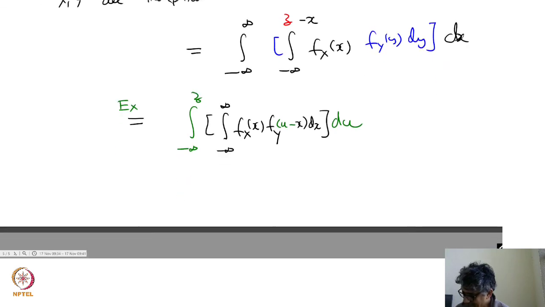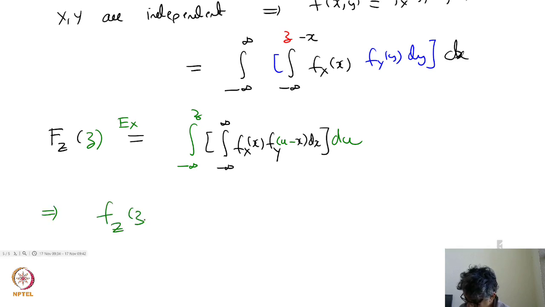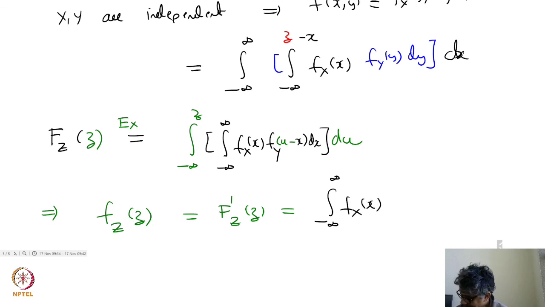So now what do I have? Now I have f sub Z at the point z looks like this. So now if I differentiate, this will imply f sub Z at the point z is, if I differentiate the above, by the fundamental theorem of calculus, I just get the integral from minus infinity to infinity of f sub X at x times f sub Y at the point u minus x.